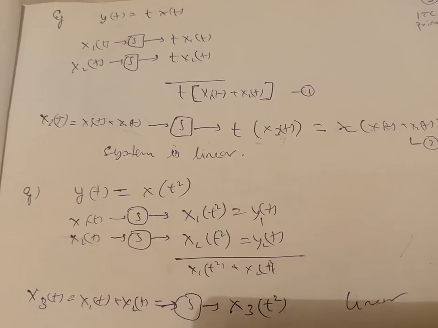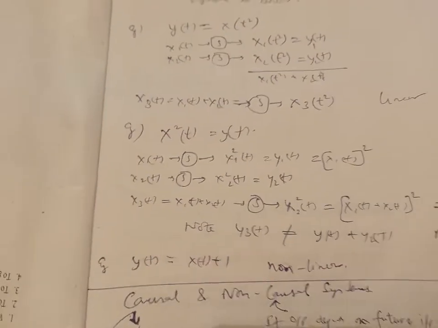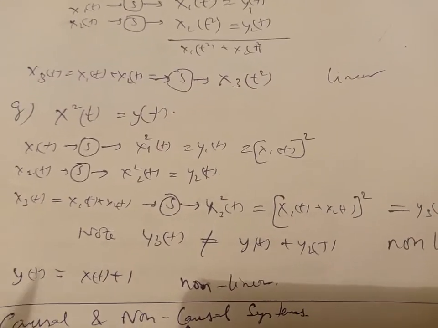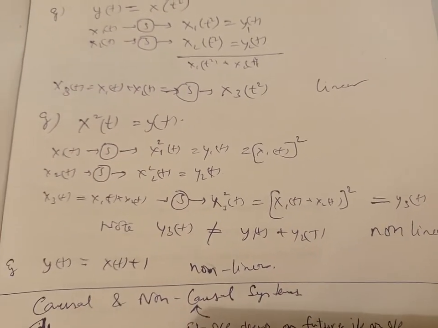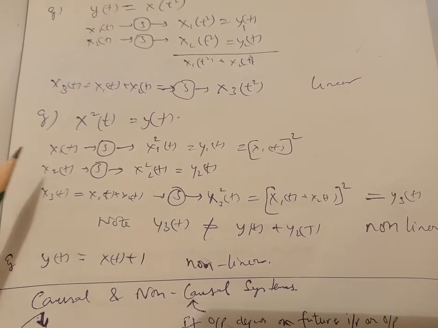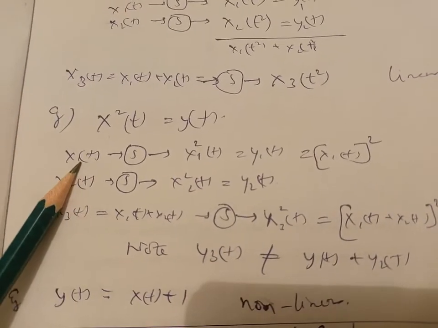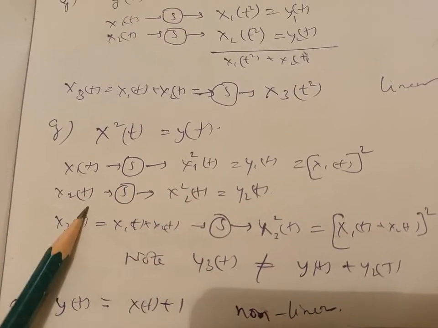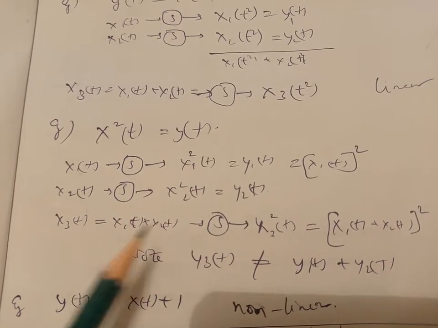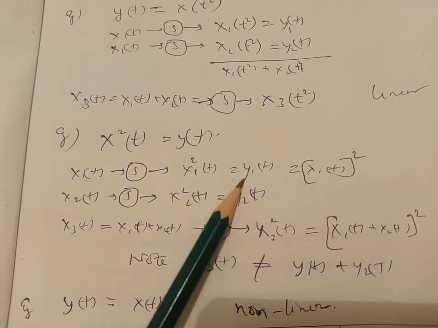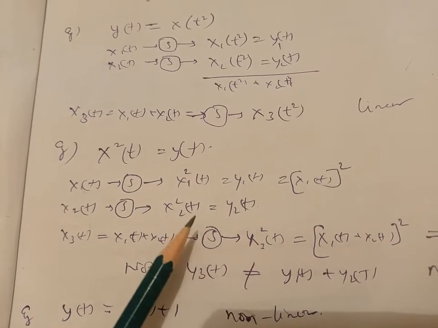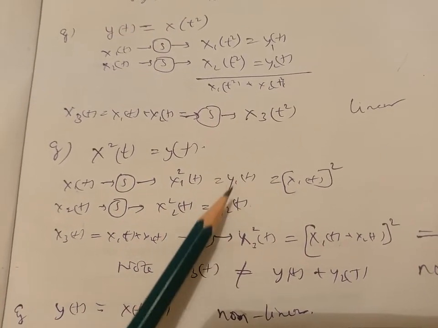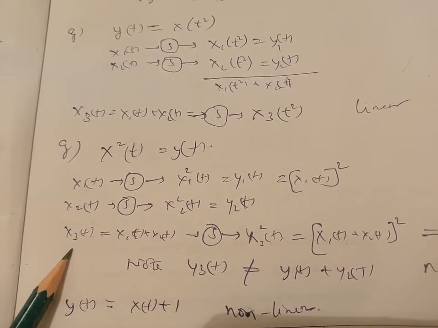Take another example, an example of a non-linear system. Suppose we have a definition like this: the output is the square of the input. Let us first take the input x1 giving this, x2 giving this, and the sum of these will give you this. Now you feed the input as a sum called x3.